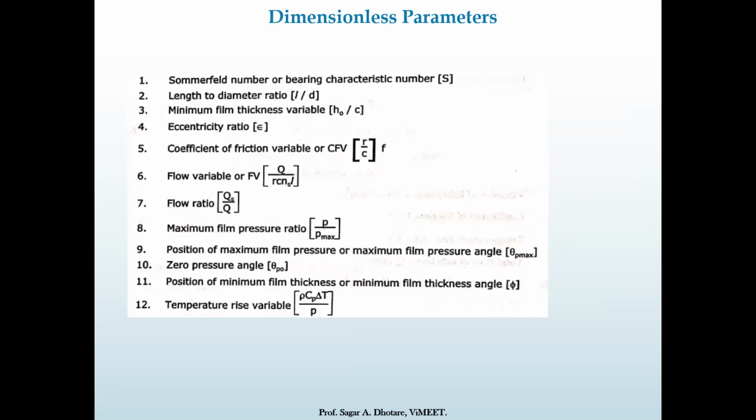Because we need to calculate Sommerfeld number, then length ratio, length to diameter ratio, that is L by D, minimum oil film thickness variable, eccentricity ratio, then coefficient of friction variable, flow ratio, maximum film pressure ratio, position of maximum film pressure or maximum film pressure angle, zero pressure angle, position of minimum film thickness or minimum film thickness angle, or temperature rise variable.